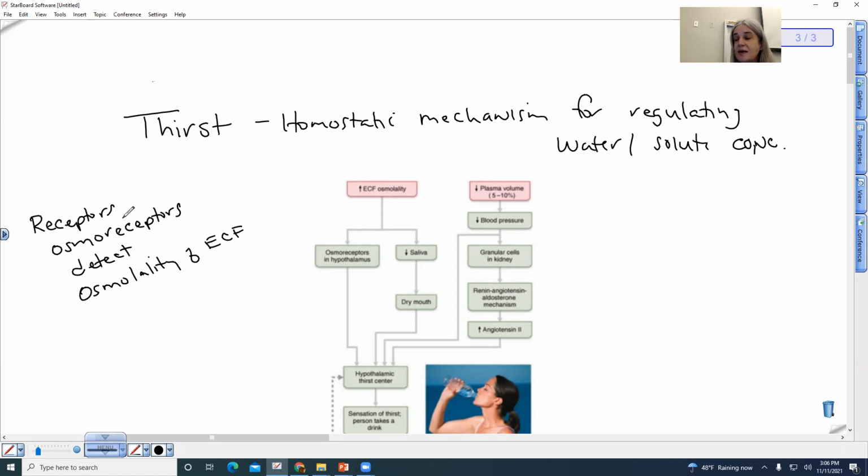These osmoreceptors are located in the hypothalamus, and they send a signal to the hypothalamus real close nearby, and they actually induce being thirsty.